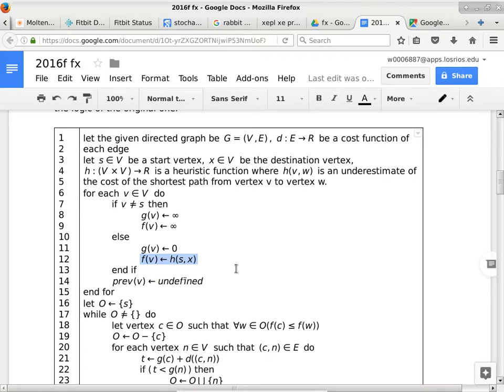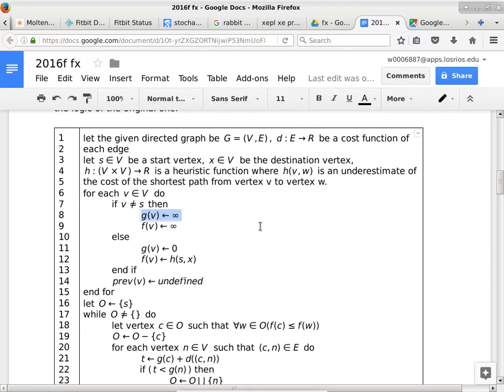The terminology takes a little bit of getting used to, but when we get to the algorithm, I think it will be clear what this is going to do. So this is just the initialization. For everything else, we initialize both G of V and F of V to infinity. Before we run the algorithm, we pick any vertex other than the start vertex.